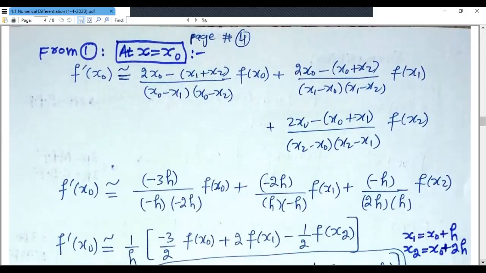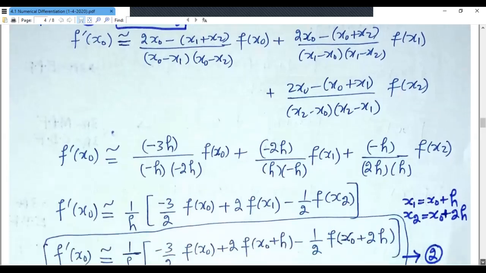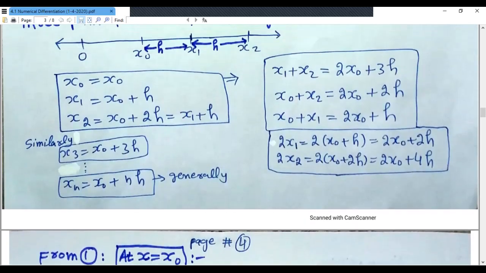Now, if we put x is equal to x naught in the general 3-point formula, we have f dash of x naught now and 2x naught here. Similarly, 2x naught in the second term and 2x naught in the third term. Now use the values of 2x naught minus x1 plus x2. Let us go back. From this, x1 plus x2 is equal to 2x naught plus 3h.